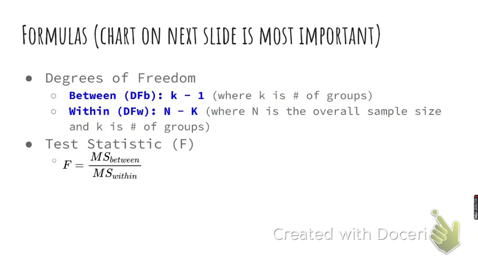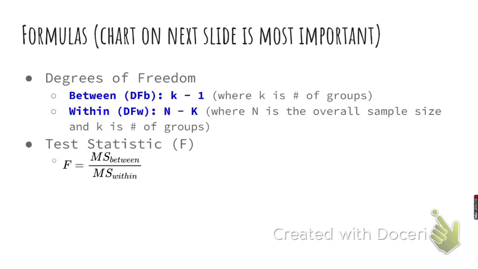So the degrees of freedom between, sometimes you'll see DFB, is K minus 1, where K is the number of groups. All this is on our formula sheet too, so write this in your notes, but know that you don't have to memorize this. Degrees of freedom within is N minus K, where N is the sample size of everyone, not each group. If we have 3 groups, each group has 10 people, then there's 30 total people because 10, 10, 10.